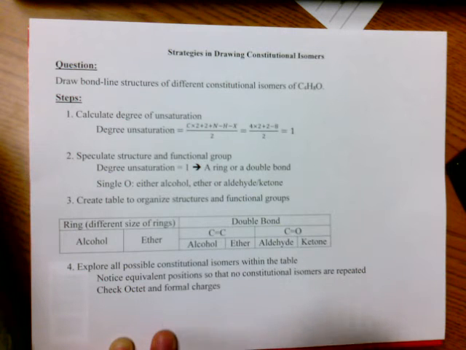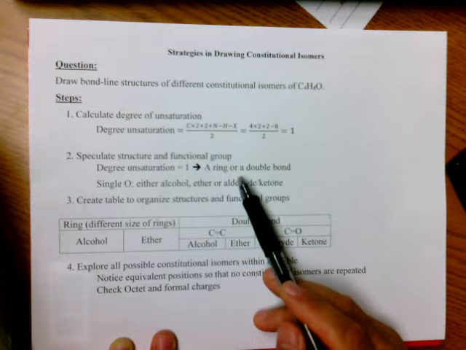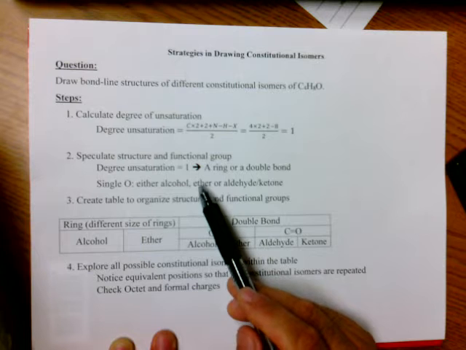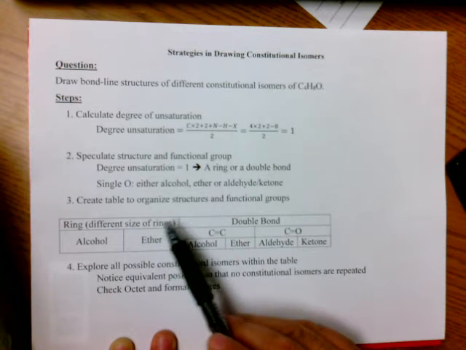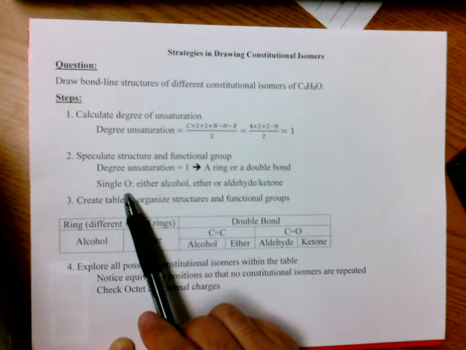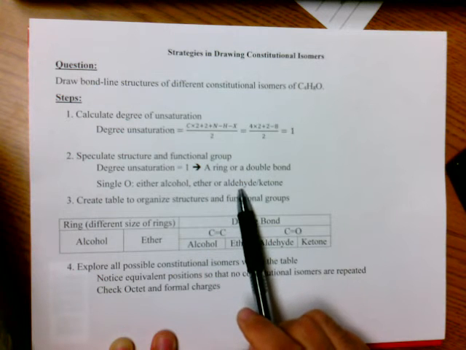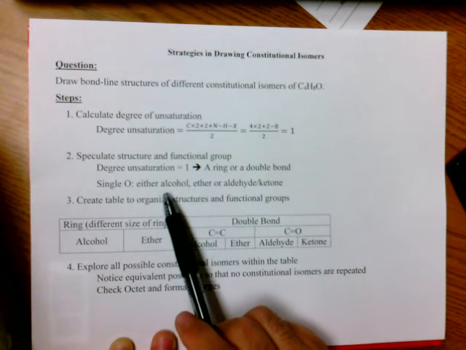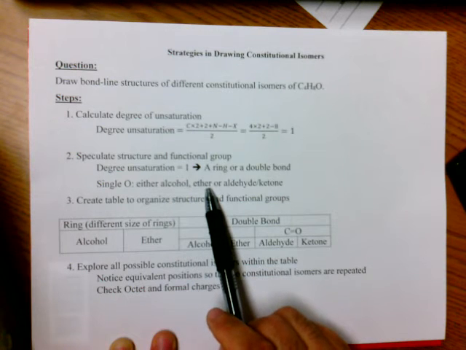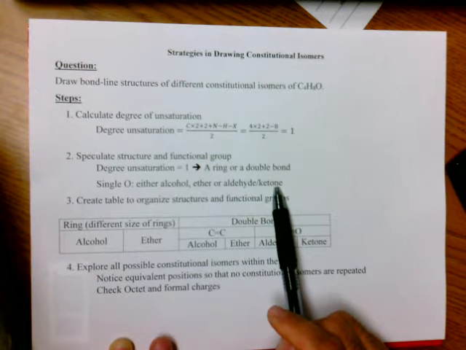The heteroatoms, which are atoms that are not carbon or hydrogen, in this case will be oxygen, can provide some hint of potential functional groups as well. Since we have only one oxygen, it can be either alcohol or ether or aldehyde or ketone. So if the oxygen is singly bonded, it can be alcohol or ether. If it is doubly bonded, it can be either aldehyde or ketone.